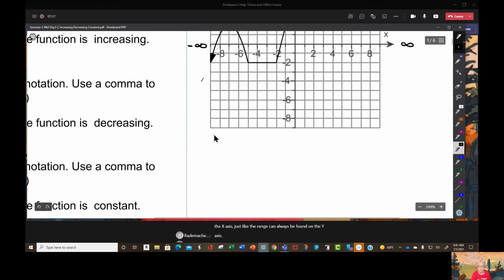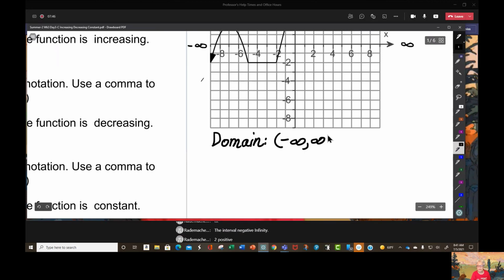So let me write it down just so we'll have it for reference. The domain of this graph is the interval negative infinity to positive infinity.